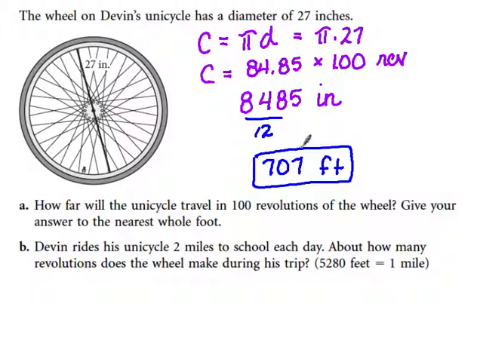It says Devon rides his unicycle 2 miles to school each day. About how many revolutions does the wheel make during his trip? So how do you think we should do that? Let's think. 2 miles would be how many feet? 10,560 feet, right?